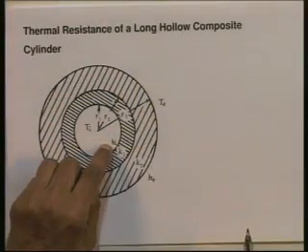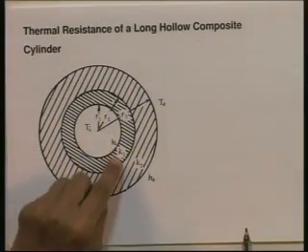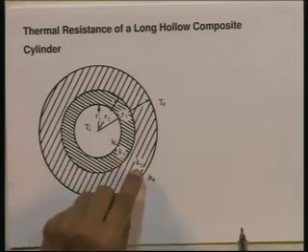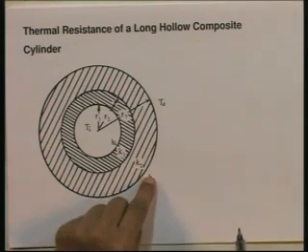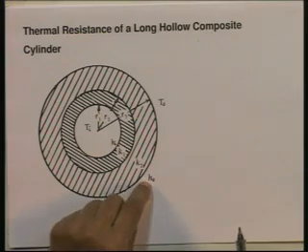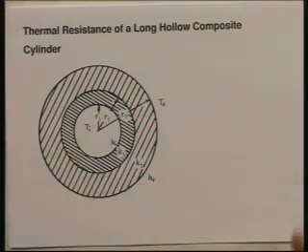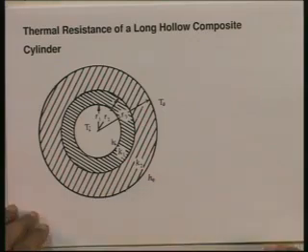A thermal resistance associated with the heat transfer coefficient H I, a thermal resistance associated with conduction through the first cylinder, then a thermal resistance associated with heat conduction through the second cylinder, and finally, a thermal resistance associated with the heat transfer coefficient H O on the outer surface at radius R 3.